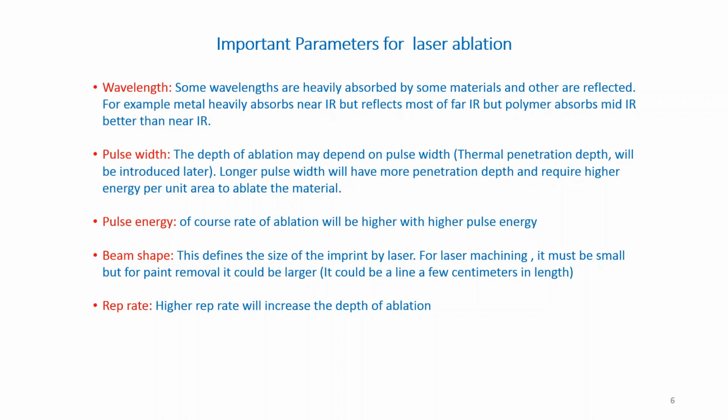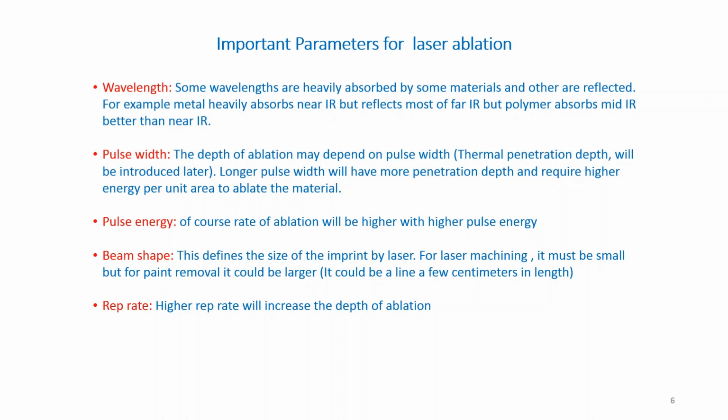Beam shape: for different applications of laser ablation, you have different shapes. If you want to micro machine something, you need to use a very narrow and small beam. But if you want to remove paint from a surface, you could usually use a line, maybe about 3 or 4 centimeters or even 10 centimeters long, maybe 2-3 millimeters wide, because this way the efficiency of paint removal will be more.